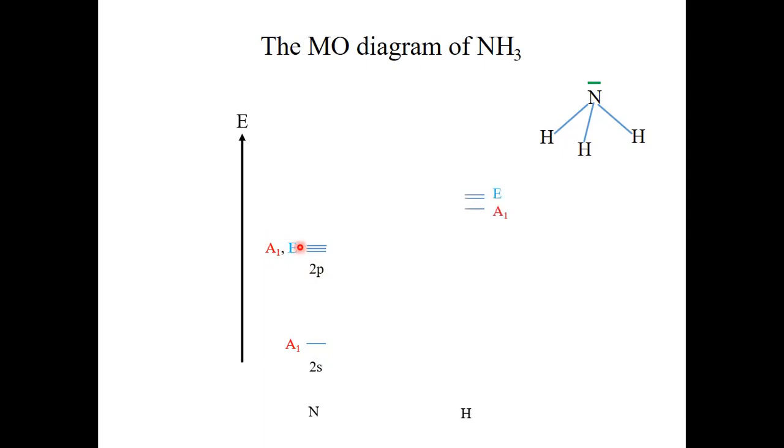So on the right-hand side, we will have the hydrogens and the ligand group orbitals coming from the hydrogens. So one of them is the A1 symmetry, and the other 2 have E symmetry. So the E orbitals have actually slightly higher energy than the A1 orbital.